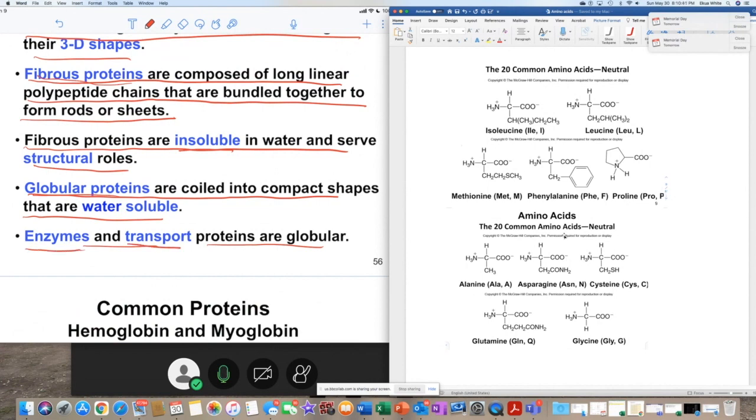These are usually traveling to places, and they tend to be globular. When it says compact shapes, I'm thinking circular. They look like pods, right? Pods transporting different chemicals. They're usually round, and there's something inside them in their core transporting chemicals from one place to the other.